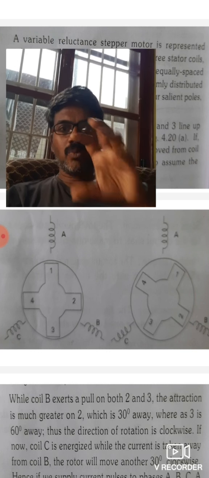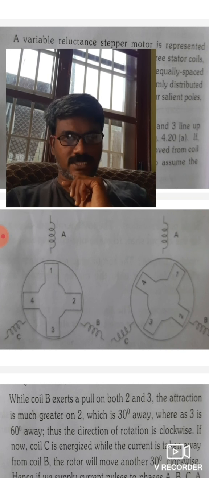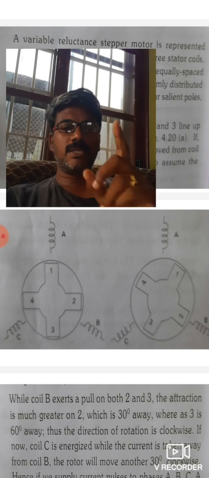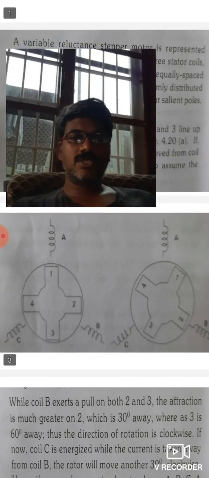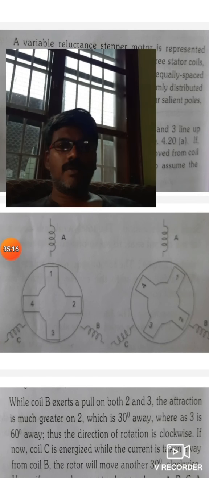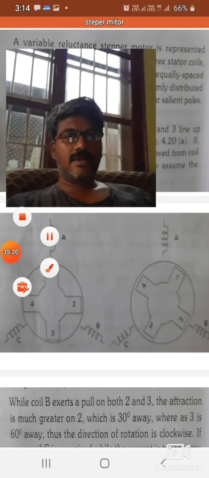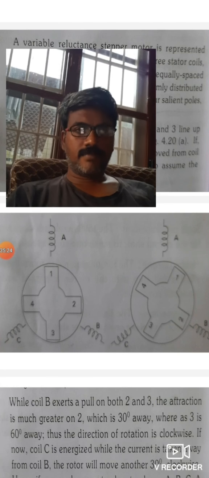If it is 8 poles, then the rotor would move 15 degrees for each pulse. That means 24 pulses are required to complete one revolution. Clear?